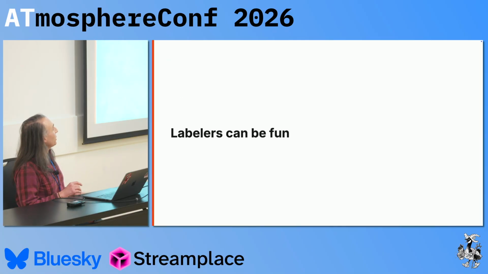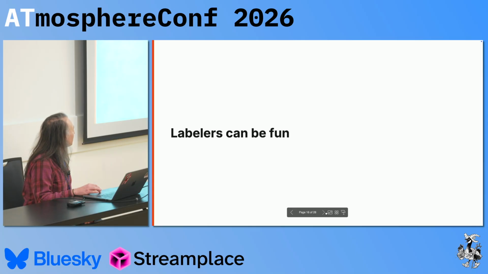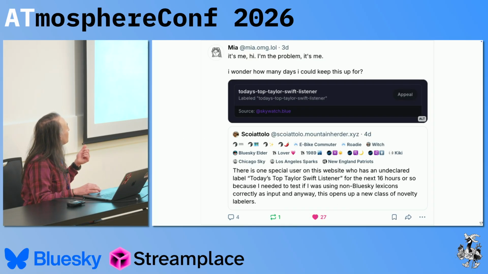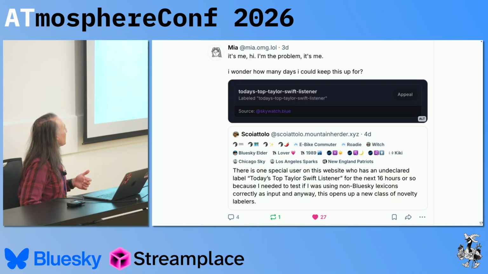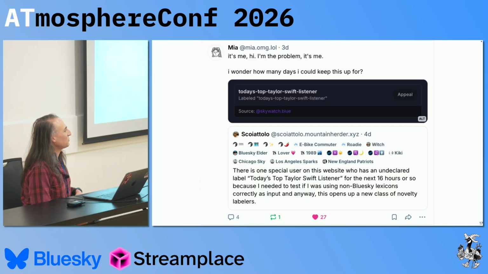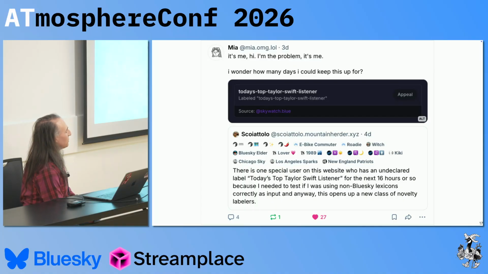But labelers can be fun, and I don't want to just talk about the negative parts of it. There are affordances of labelers. This is not really in Skywatch's remit, but I was testing whether I could use Osprey's database to figure out who was the top Taylor Swift listener that day, using the ClickHouse database and teal.fm's lexicon.